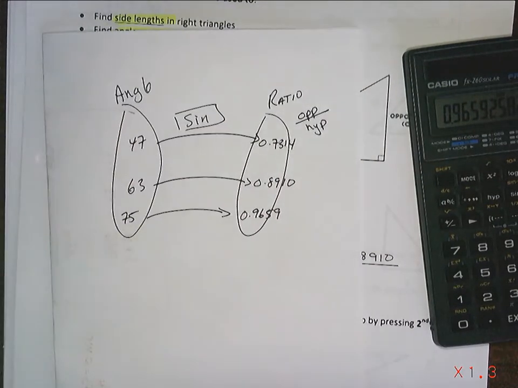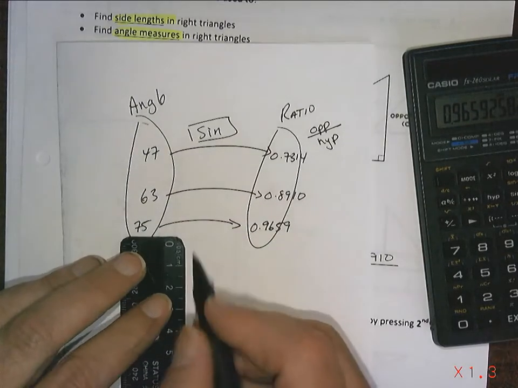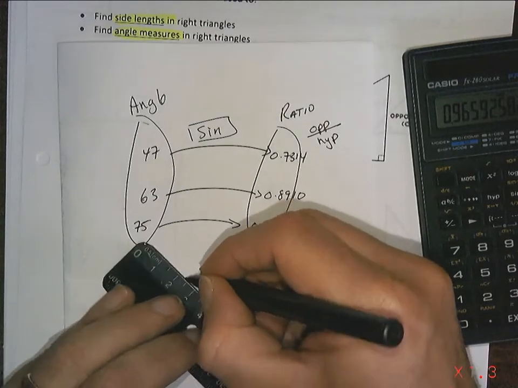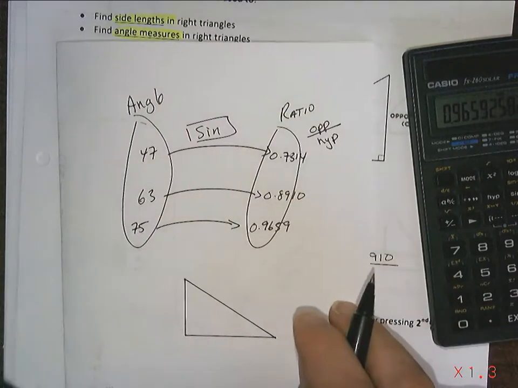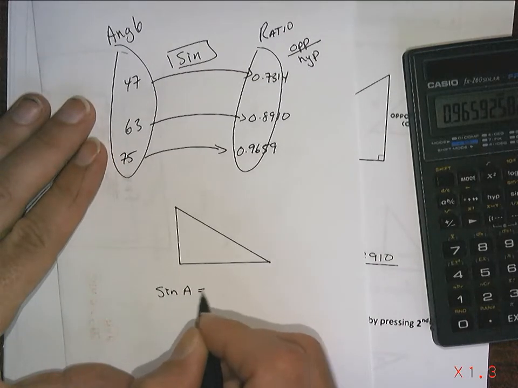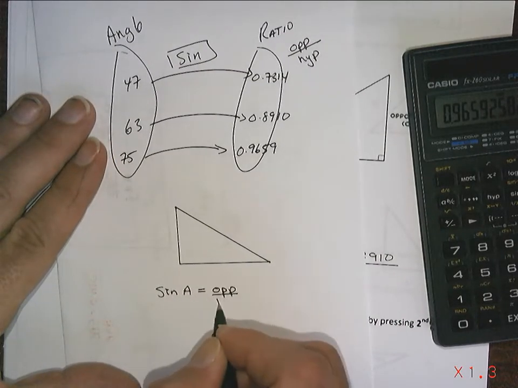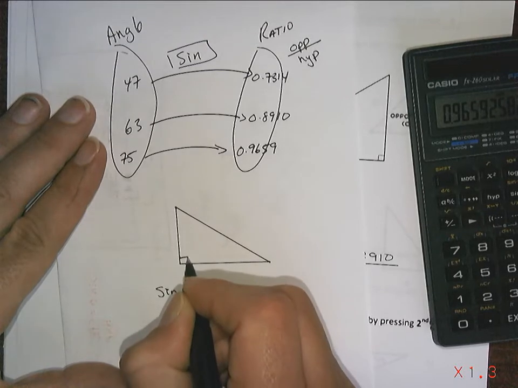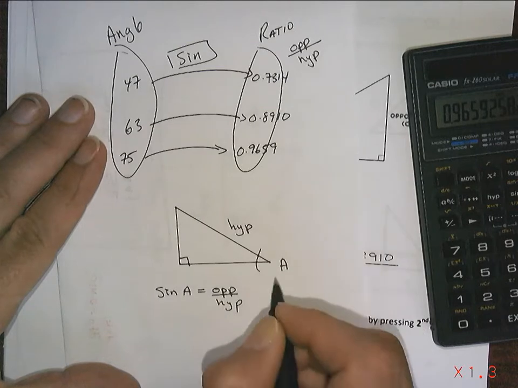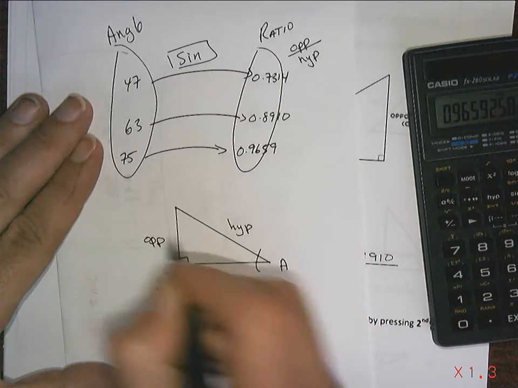Now let's make sense of this. What that means is, if I have a right triangle, okay, and if I have sine of A equals opposite over hypotenuse, there's my hypotenuse. We'll make this angle A. This will be my opposite.